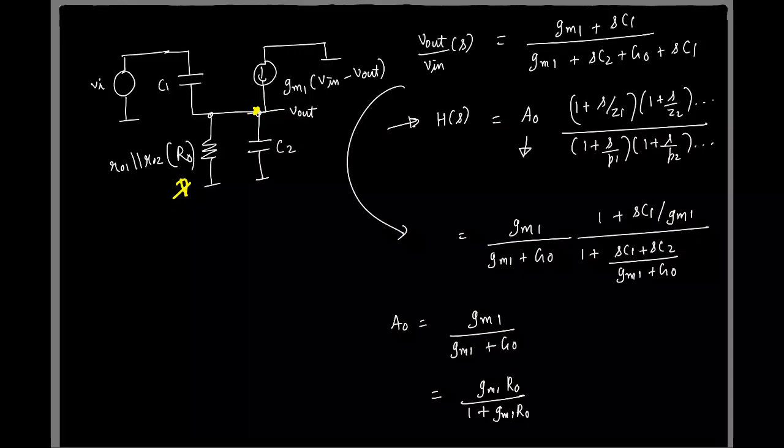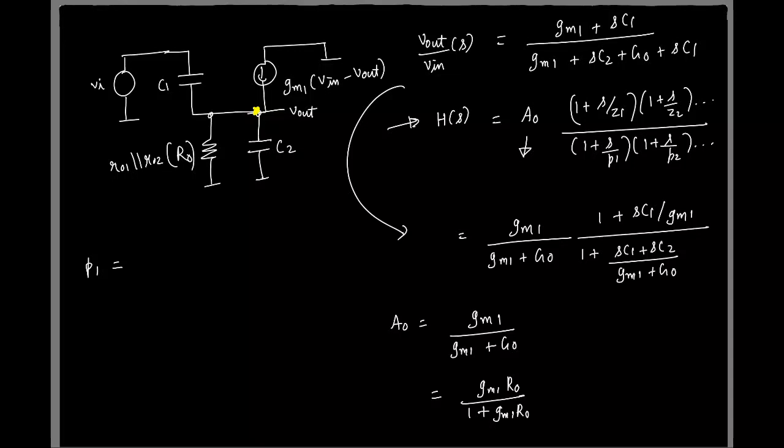And in addition, now we also have a pole and a zero. Where is the pole located at? Pole is the denominator, right? So what is it? GM1 plus G0 by C1 plus C2. What about the zero? It's minus GM1 by C1. Okay, that's also important.